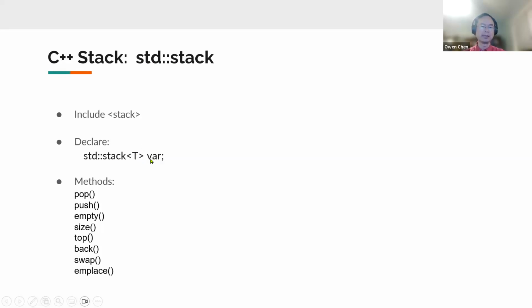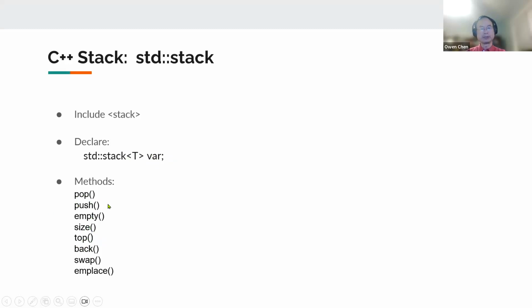The data type, and then the stack name, the variable name. Then you can call those methods: pop, push, and check whether the stack is empty, and the number of elements using size. And top gets the element at the top.